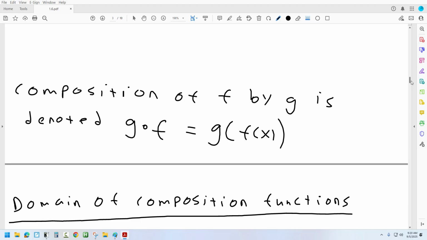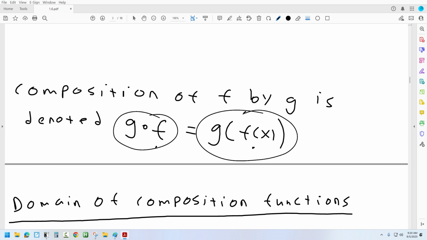Another notation you might see in the book, I don't use this notation as much, but if you see a function and a little circle and then another function, this means that. I always write it this way because to me that just makes more sense and I'm used to function notation, seeing the parentheses. But just understand that this is the same as that.